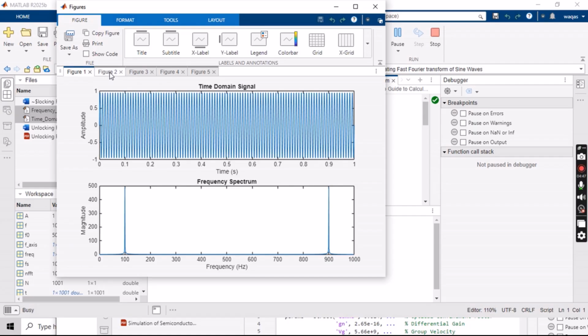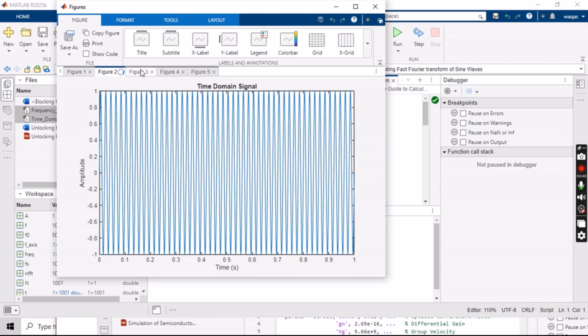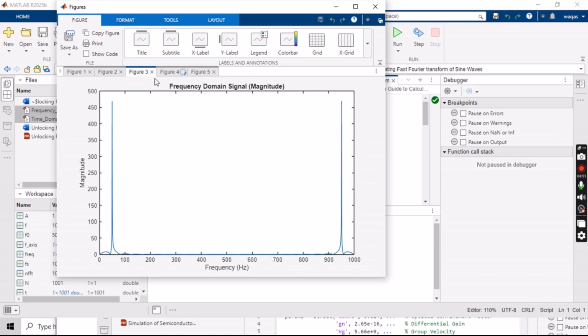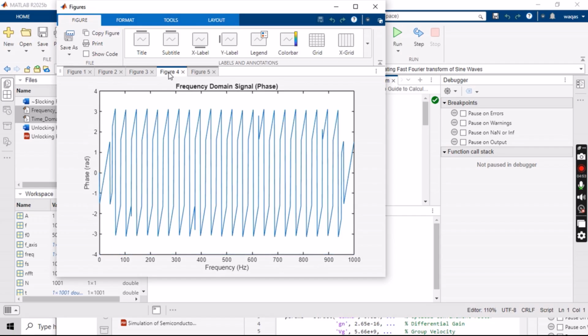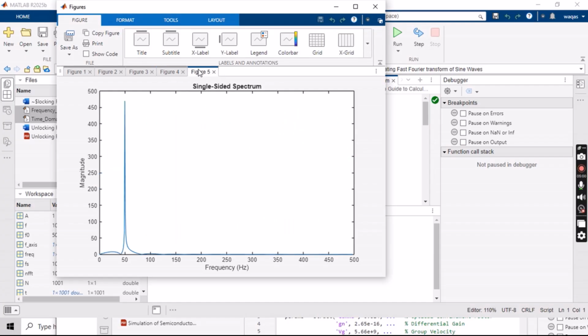This is the first one, with the time domain signal, the frequency domain signal, and the frequency domain signal phases basically. The single-sided spectrum is also added with the different frequency levels.